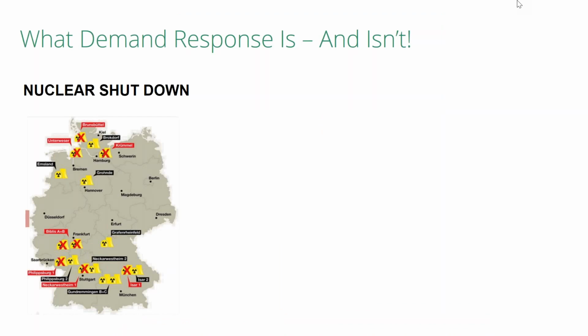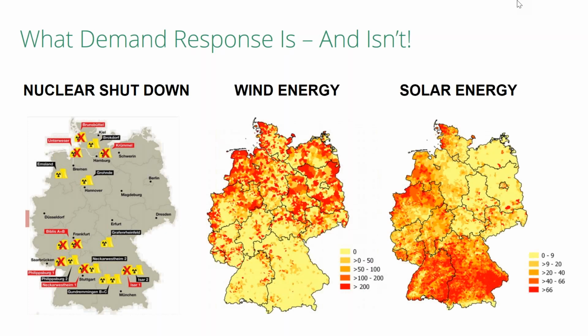Okay. But in order to further understand why demand response is so important and what the origin of demand response is, let me show the example of Germany. As you may know, there is a nuclear shutdown ongoing in Germany. Right. We have some companies from Germany connected today to the webinar, so they will know it very well.